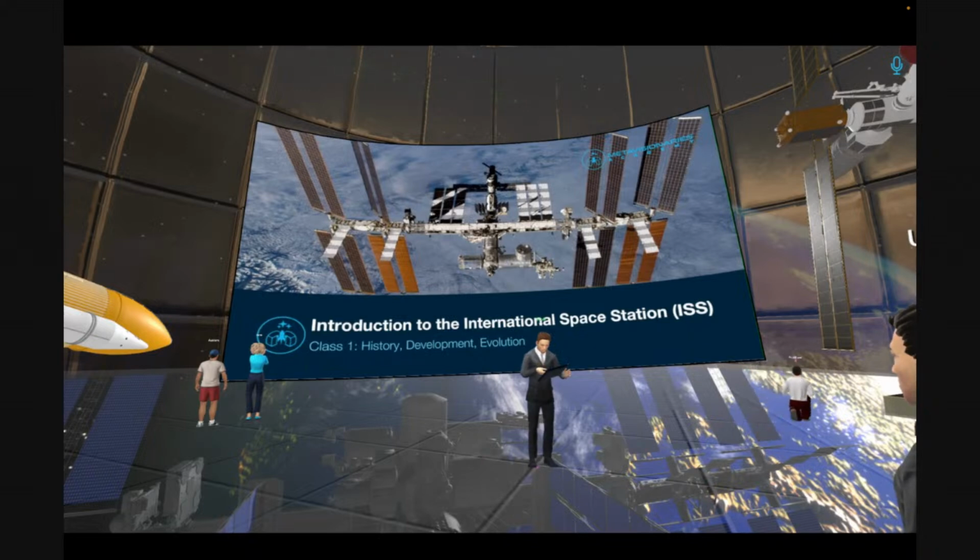And then you see the silver cylinders on the bottom and the white cylinders on the top, those are the modules where the people work and live. And so we'll talk about how all of that was built and what all of those modules are.